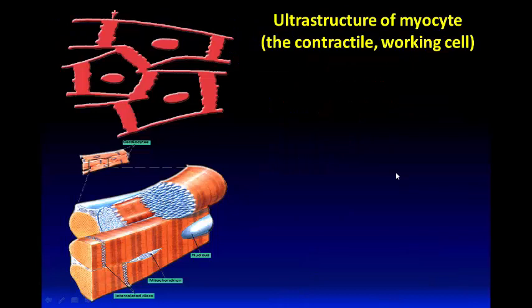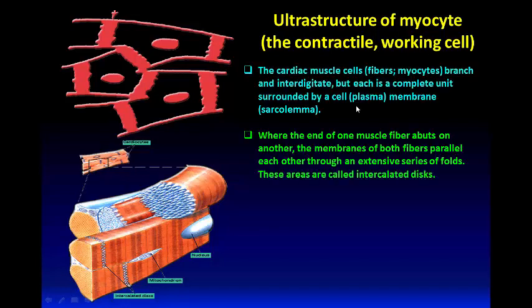Now let's describe the ultrastructure of a contractile cardiac muscle cell, the working cell or the myocyte. The cardiac muscle cells or the fibers or the myocytes are cylindrical cells with centrally located nuclei. The cells branch, as you can see, this is one branch of the cell, and this is another branch.